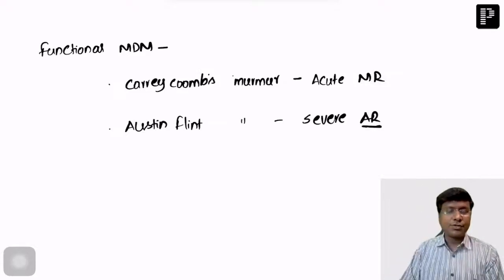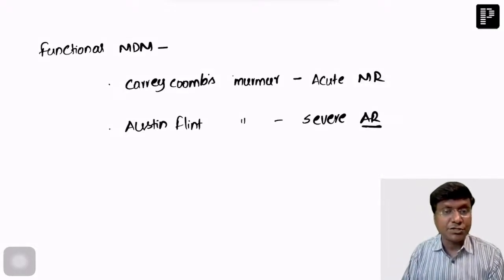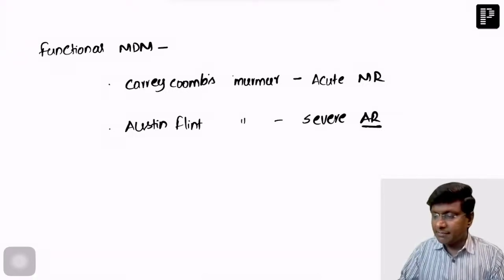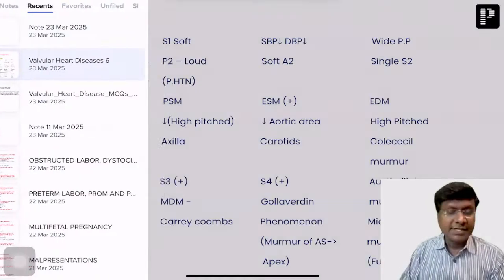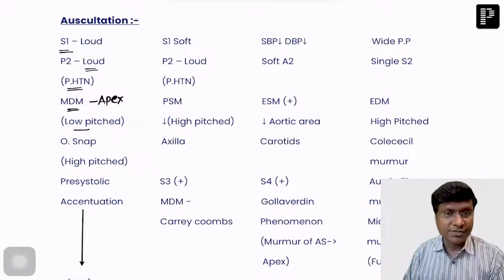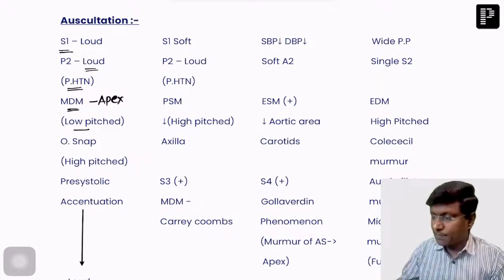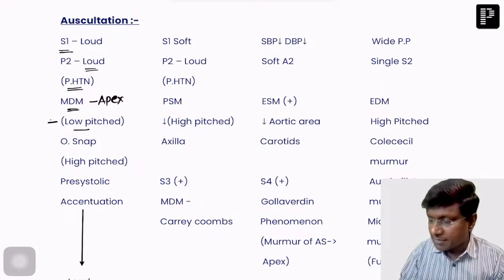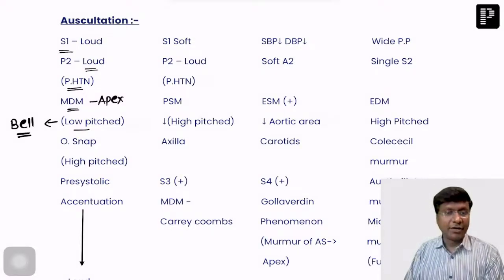So these are the two conditions with a functional mid-diastolic murmur, whereas a true mid-diastolic murmur is heard in mitral stenosis as well as tricuspid stenosis. It's a low-pitched murmur in MS, heard at the apex, with no radiation. Because it's low-pitched, we listen to this murmur with the bell of the stethoscope.